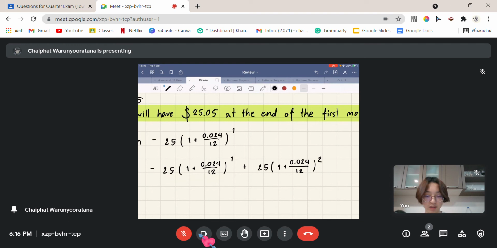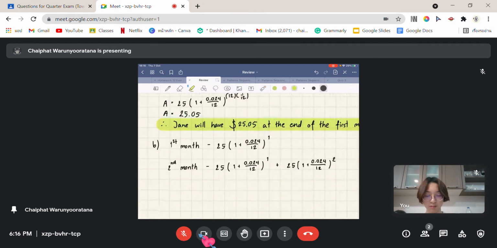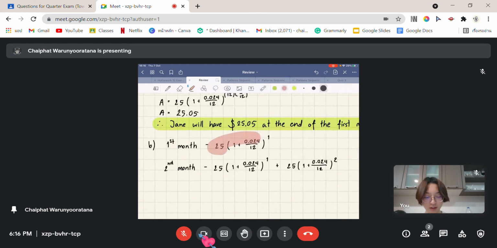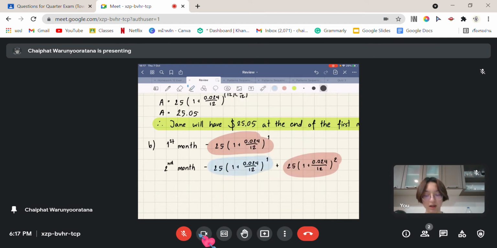This is going to be number 2, while this is number 1 because 1 month has passed. To put it simply, this set of money is the same set, while this is the new set that just came up in the second month.